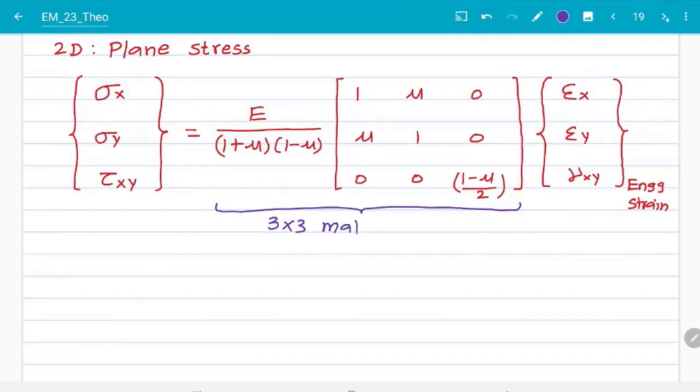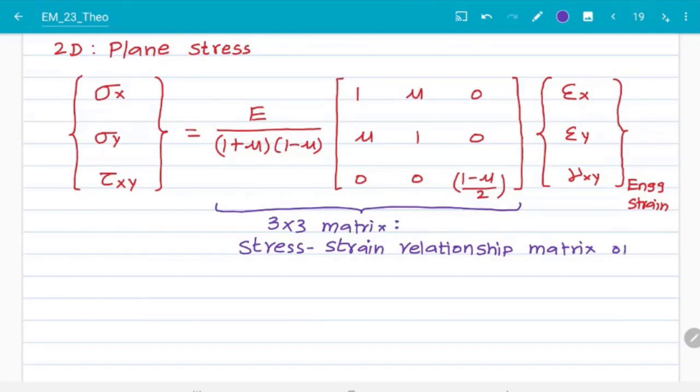This matrix is the stress strain relationship matrix, or another name, the constitutive matrix.